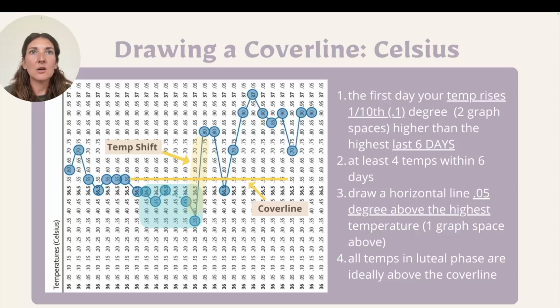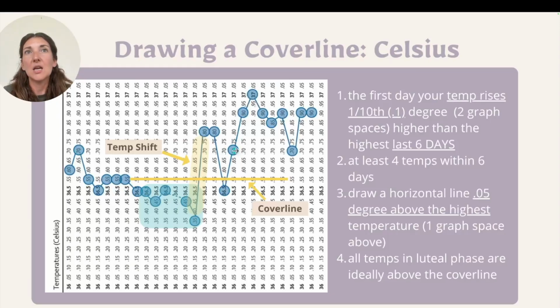This can occur in your cycle. And so the guideline is that in order to confirm ovulation, we need at least 3 high temps within 4 days. So we have 1, 2, 3 high temps within 4 days. And you want your temperatures to be trending upward.